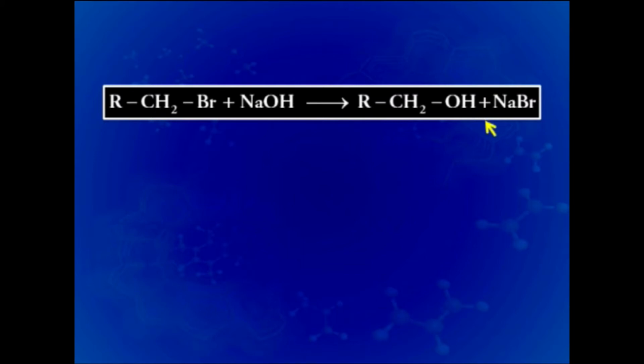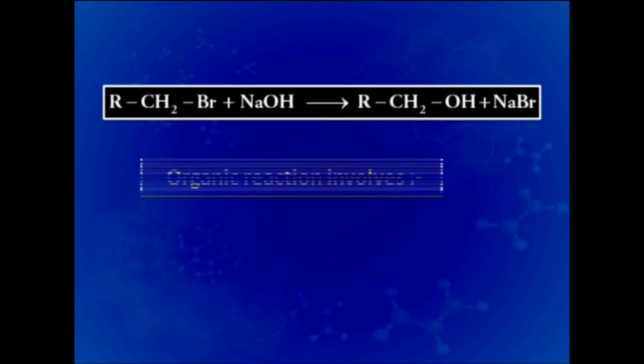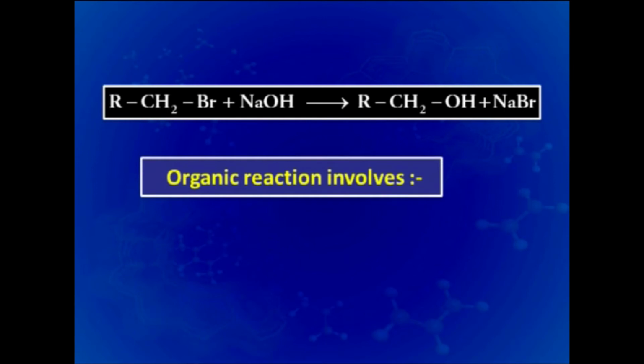We are getting the formation of a new bond between the carbon of the alkyl halide and hydroxy, which has come from the sodium hydroxide reagent. So, what is happening in this reaction is that besides a bond breaking, there is a bond making. We can say that organic reactions involve bond breaking and bond making.